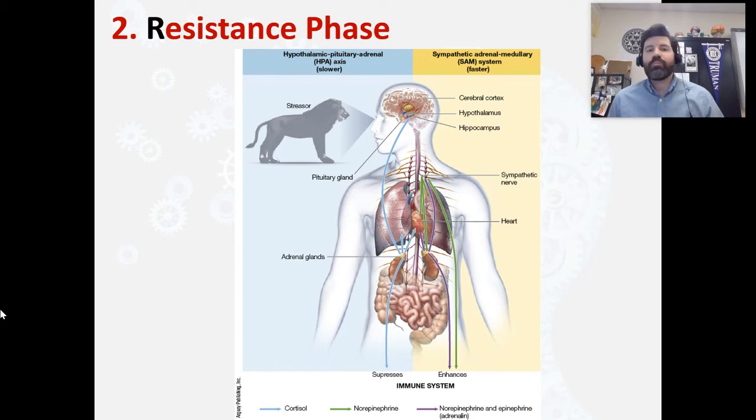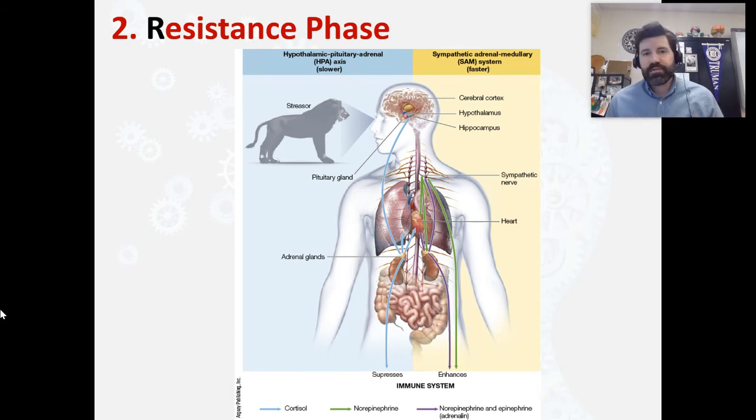So again, our body will react in two different ways depending on the stressor. What's interesting is when you are first introduced to a stressor, like a teacher putting a test on your desk, we would likely see activity in both the HPA axis and the SAM system. In that particular situation, the SAM system would likely be more appropriate because it's right there in front of you. It's a quick acute stressor.